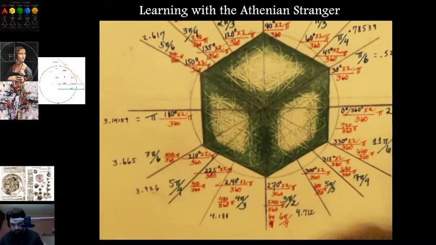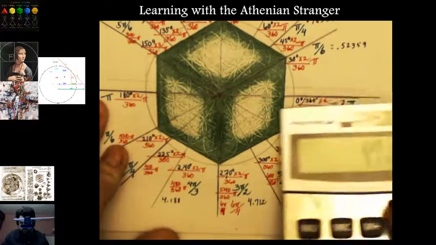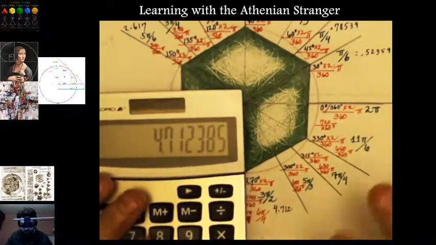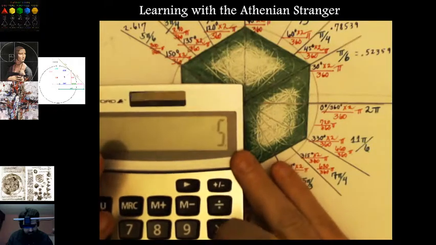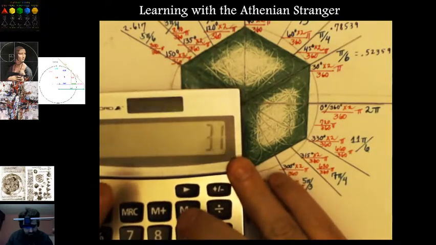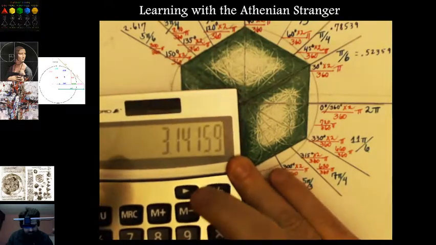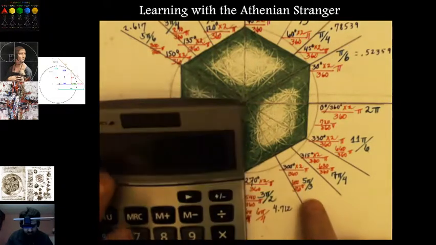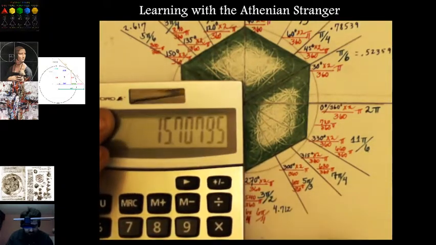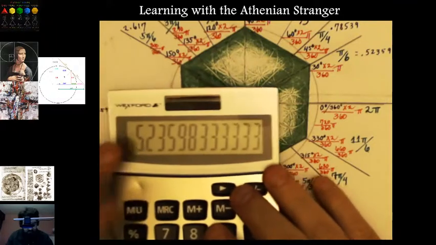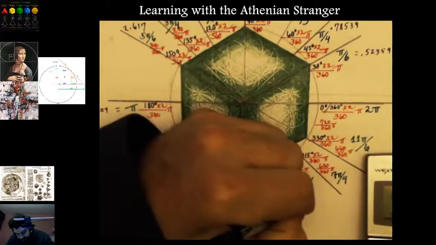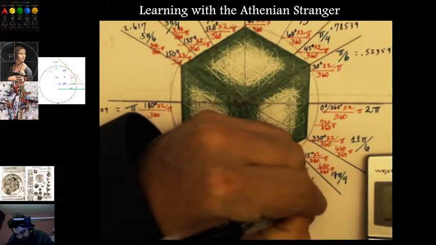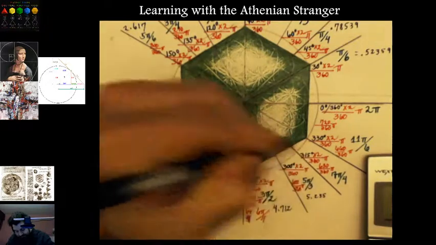So now 5 pi over 3. 5 times 3.14159 divided by 3 equals 5.235.